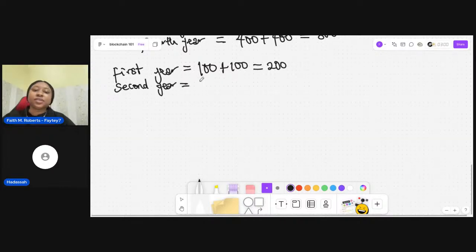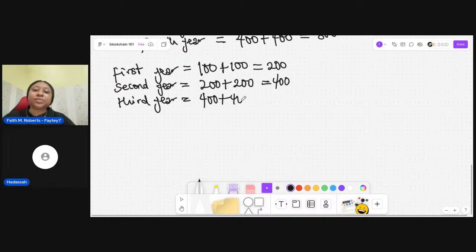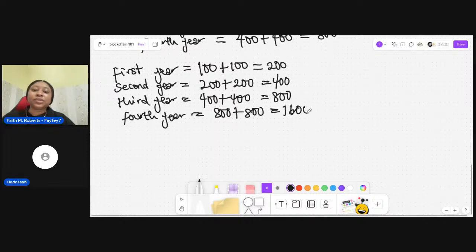At the end of the second year, you have 200 plus 200. At the end of the third year, you have 400 plus 400. At the end of the fourth year, you have 800 plus 800, which gives you 1,600.